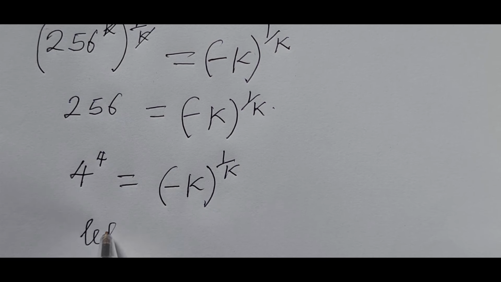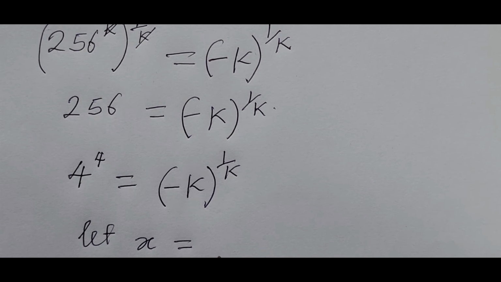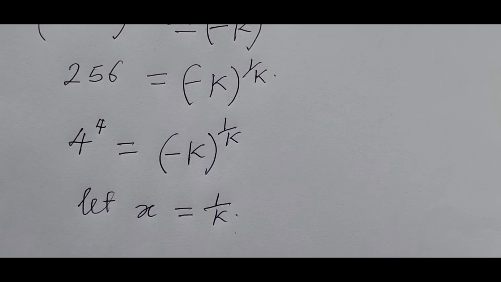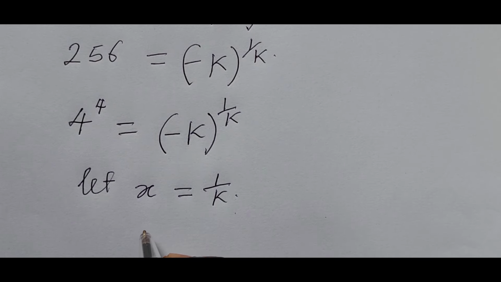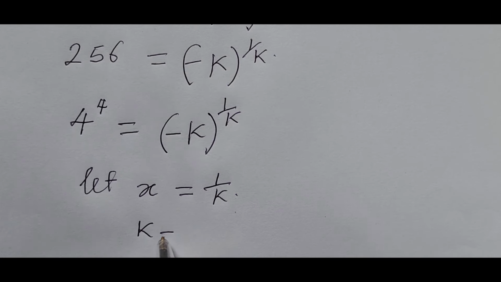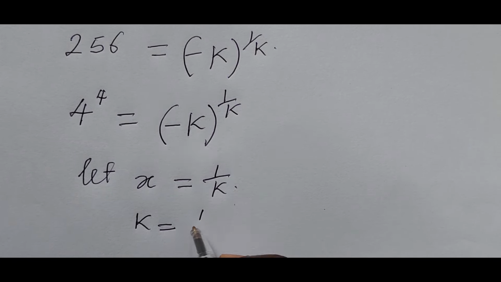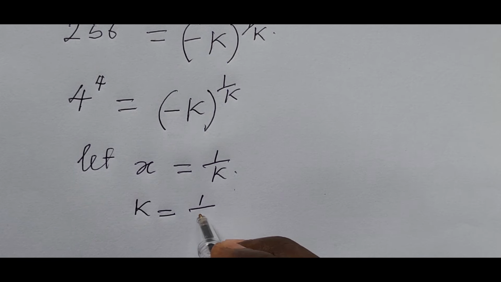Let's say x is equal to 1 over k. Well, if we have x equal to 1 over k, let's make k the subject of the formula. So from here, we're going to have k equal to 1 over x.